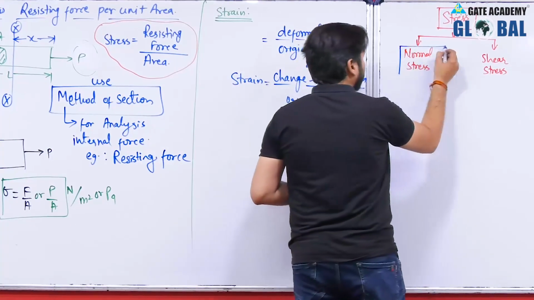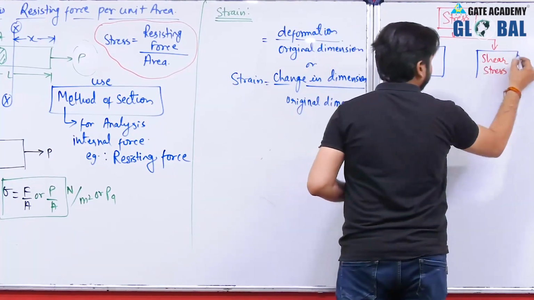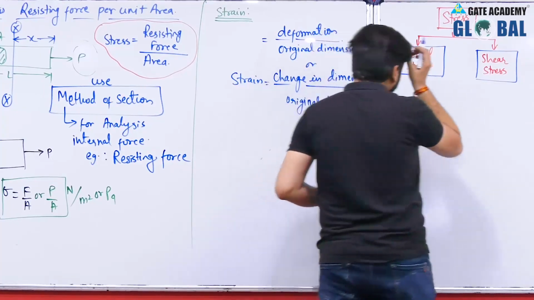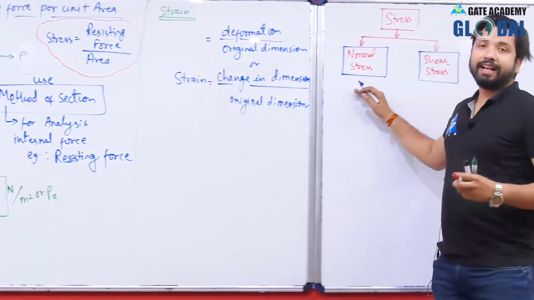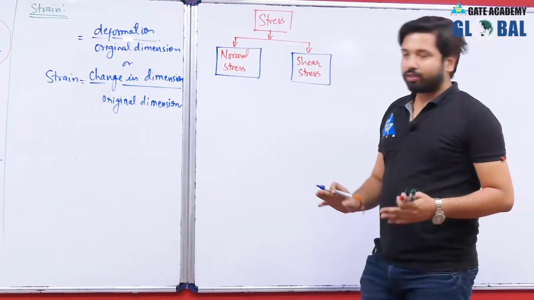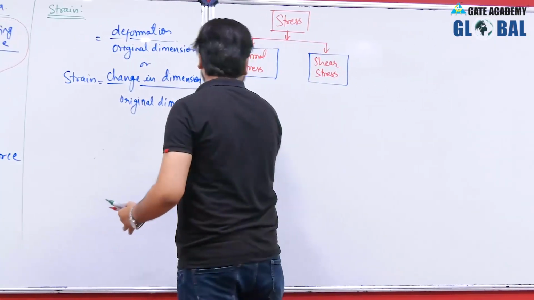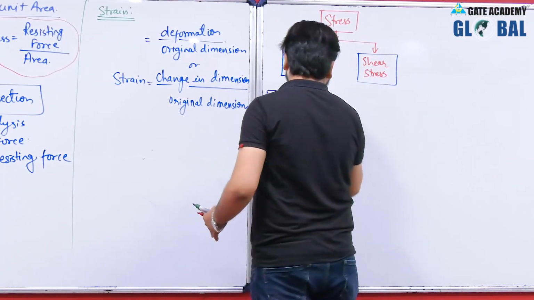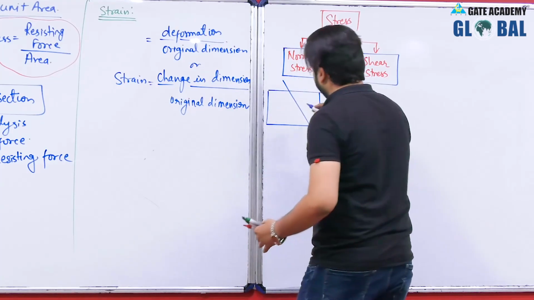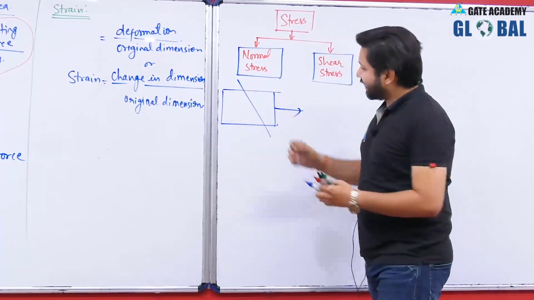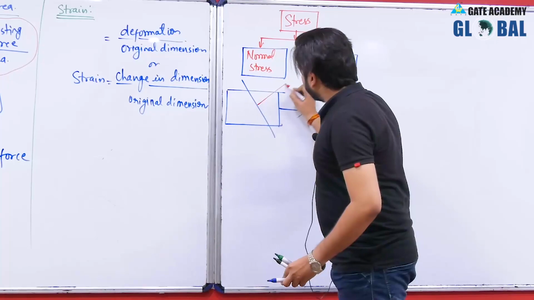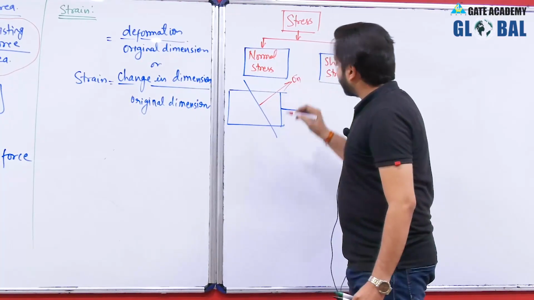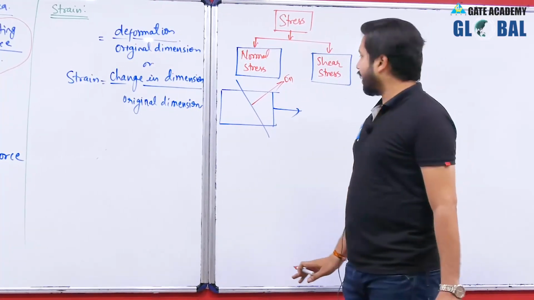Okay, so the normal stress is the stress acting in a direction normal to a plane. So if there is a plane in the body which is being loaded like this, so let us say here is a plane. Okay, so the stress acting in a direction normal to this plane will be known as normal stress, and it is represented by sigma n.